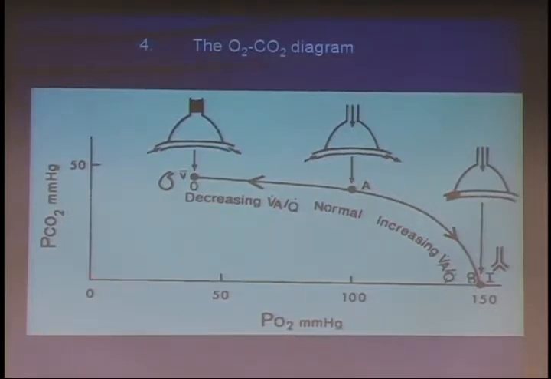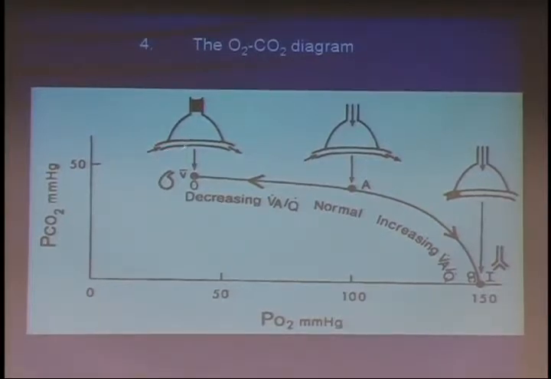Going to the other extreme, if we have the airway blocked off, so that there's no ventilation in the numerator, but we've got blood flow or perfusion in the denominator, then this lung unit equilibrates with mixed venous blood, and we have a PO2 of 40 and a PCO2 of about 45. And then our normal point would be about over here, our alveolar PO2 around 100, and our alveolar PCO2 of about 40.